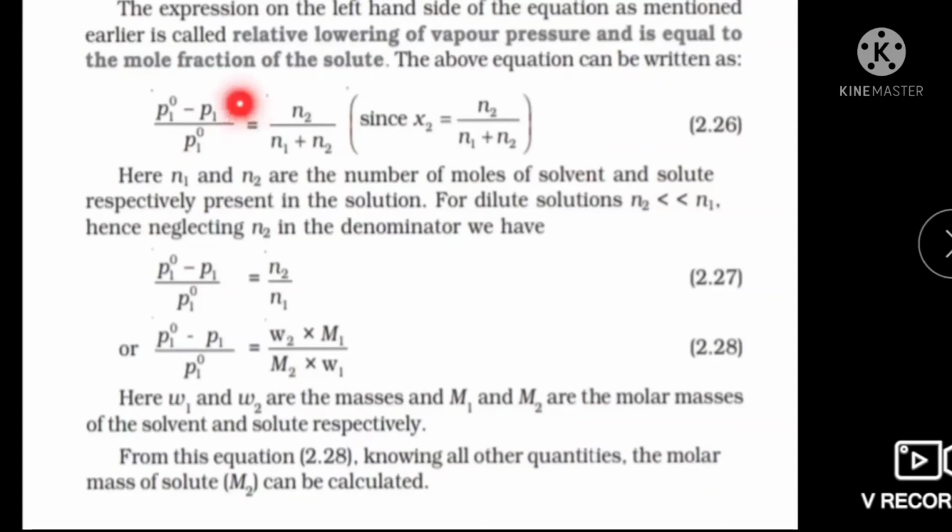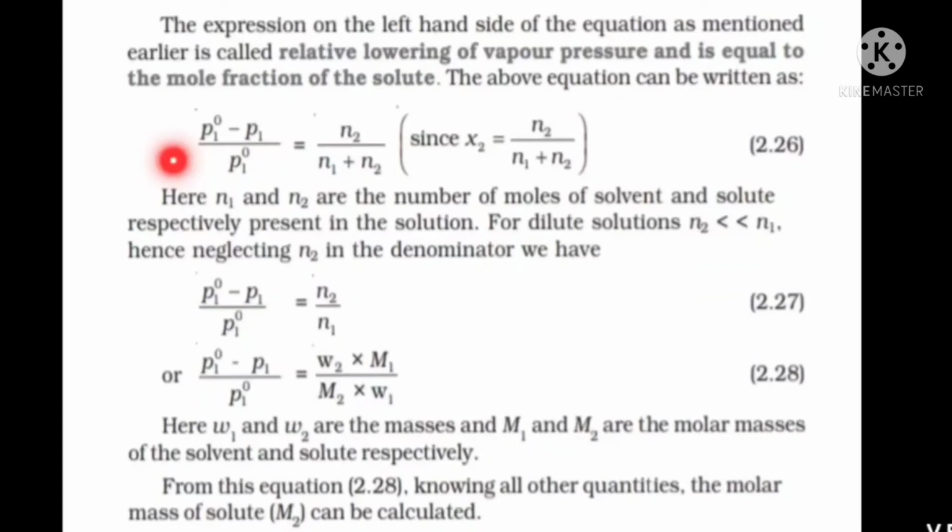We can write x2 equals n2 divided by n1 plus n2, where n1 and n2 are number of moles of solvent and solute respectively. Then the equation becomes (P1° minus P1) divided by P1° equals n2 divided by (n1 plus n2). If n2 is very small compared to n1, we can neglect n2 from the denominator. Then the equation becomes (P1° minus P1) divided by P1° equals n2 divided by n1.